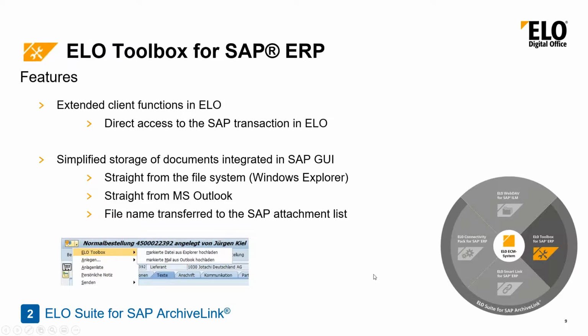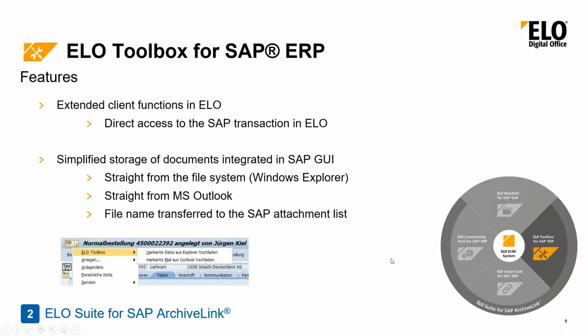Okay, some words about the ELO Toolbox for SAP. This basically extends what you can do in both ELO and SAP clients in the GUIs. So here in the screenshot, you can see an example. Sorry that this is not translated. I will show you this in the system afterwards with English text.